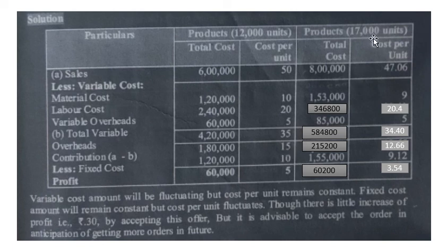Then for 17,000 units, sales 8 lakh minus 5,84,800 gives 2,15,200 as contribution, and per unit, sales of 47.06 minus the variable overhead per unit of 34.40 gives us 12.66.